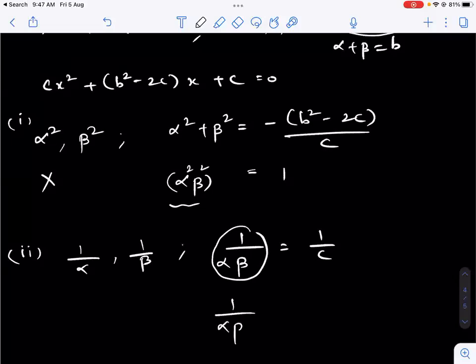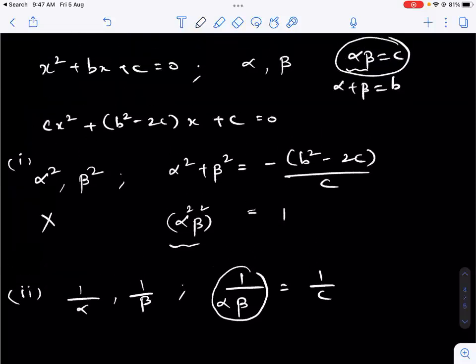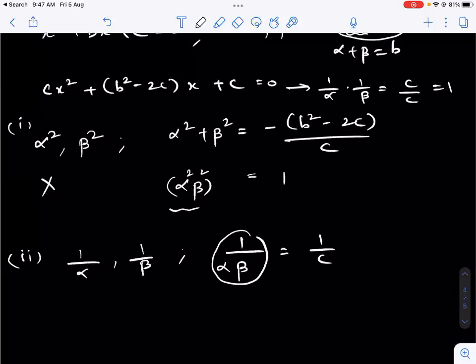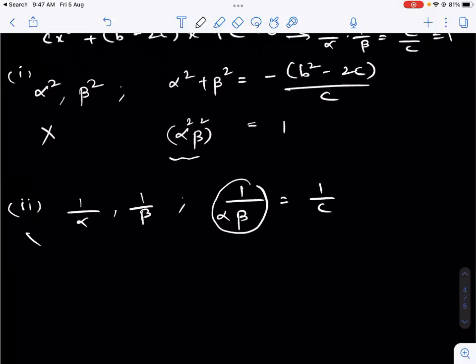But 1 by alpha into beta here is again 1 only. So in this, what is 1 by alpha into 1 by beta? That is c divided by c. That is 1. But what is 1 by alpha into 1 by beta supposed to give? 1 by c. So this is also not the answer.